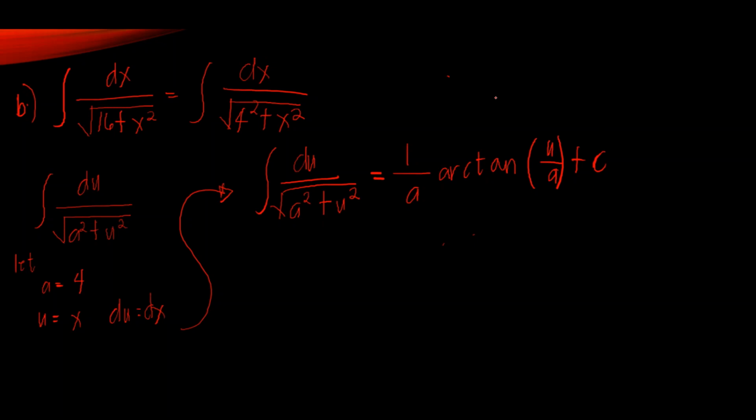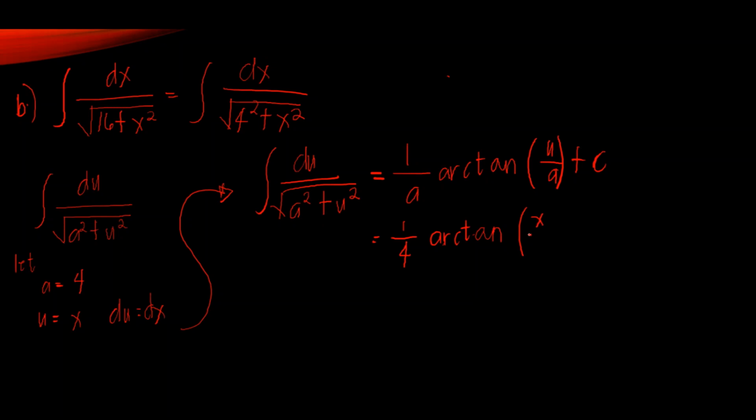So, this is the integral of this form, this inverse trigonometric function. Now, let's change si a and si u dun sa original form. So, this will be equal to 1 over what is a? That is 4. And then arctan, what is u?